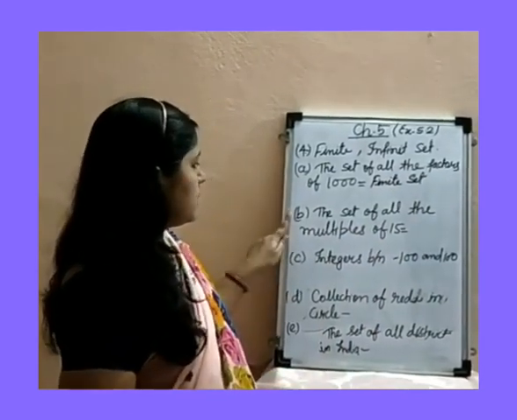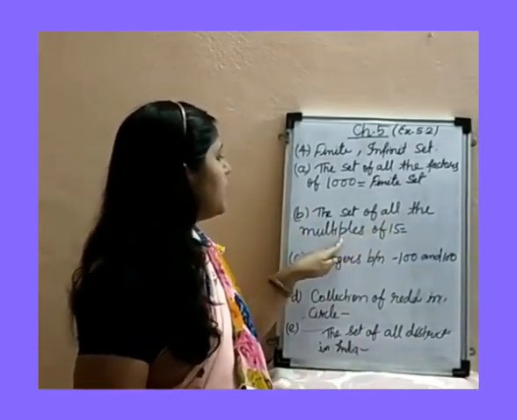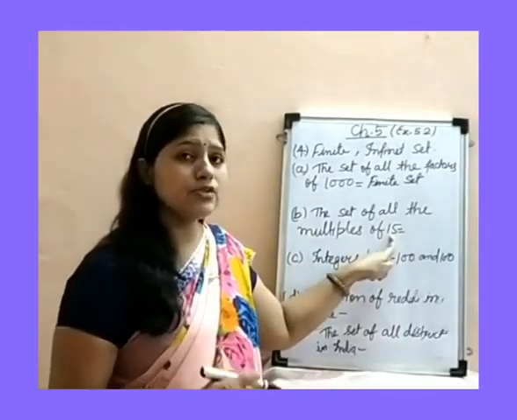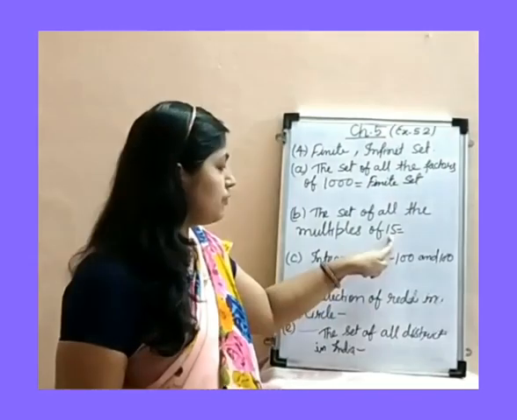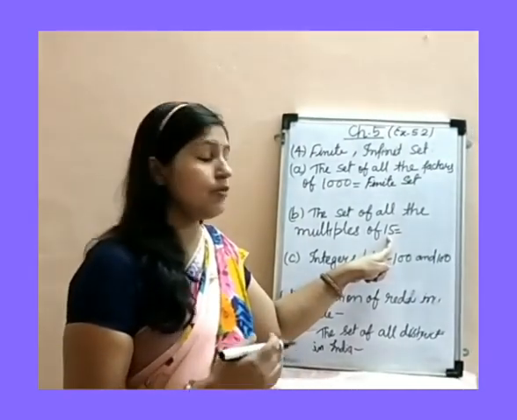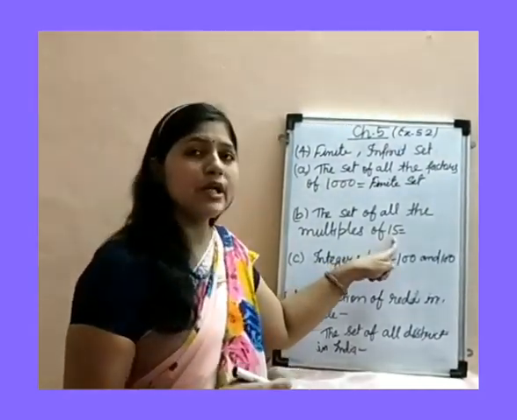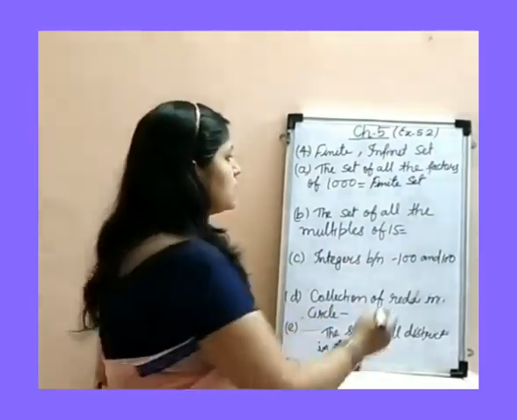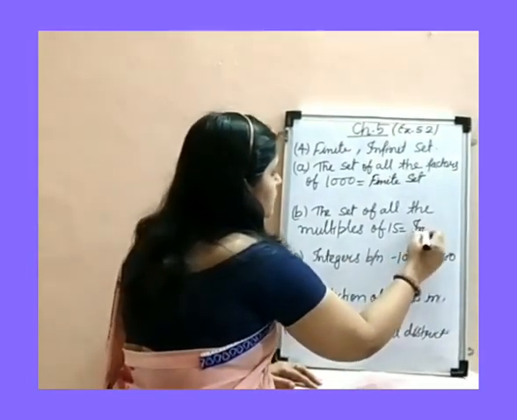Now question number B is the set of all the multiples of 15. We need to write the multiples of 15, but the final number is not given here. Up to where do we need to write the multiples of 15? So this will be infinite.